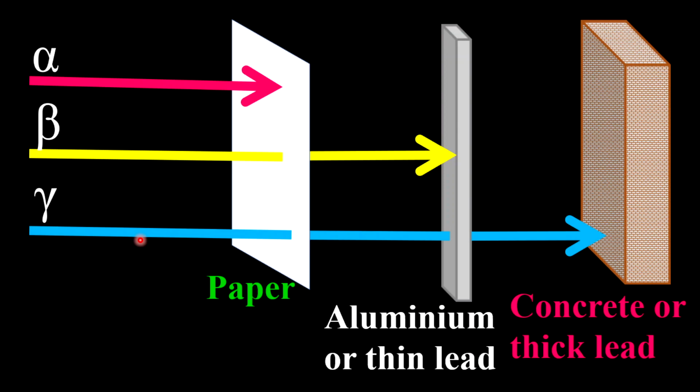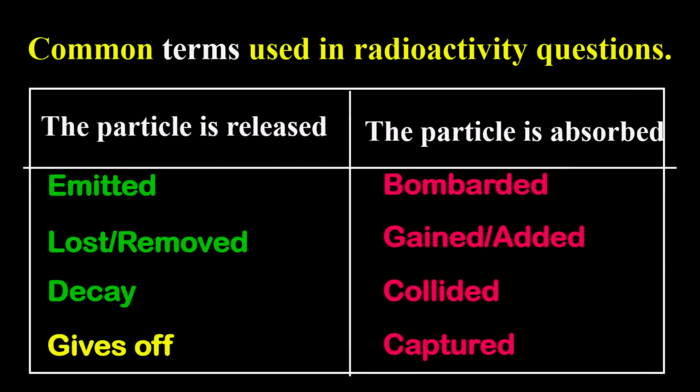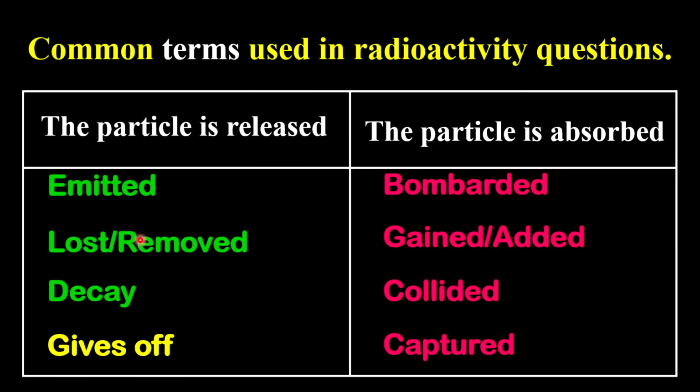What I want to look at now are some common terms that are normally used in radioactivity questions, and I want you to be familiar with these terms. Remember in the first diagram that I showed, I said that radioactive particles can either be released from the nucleus or absorbed into the nucleus.